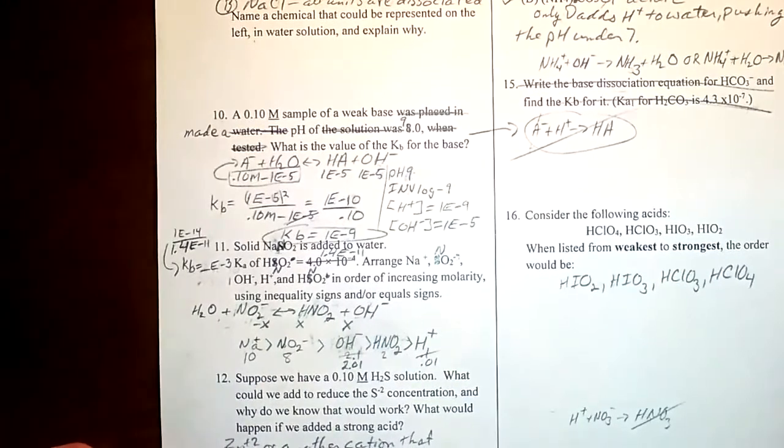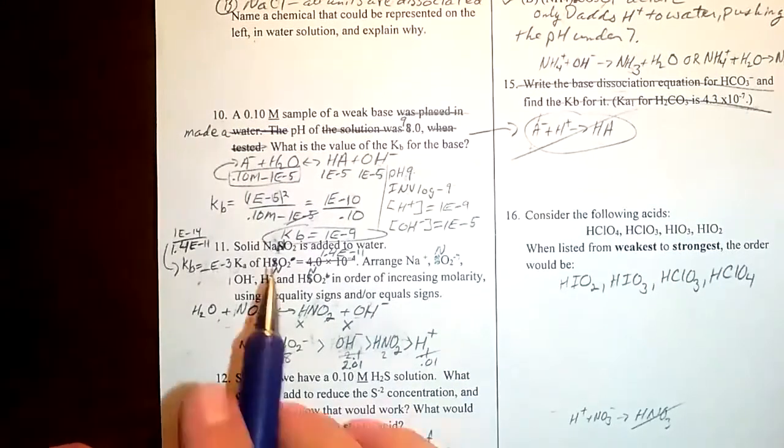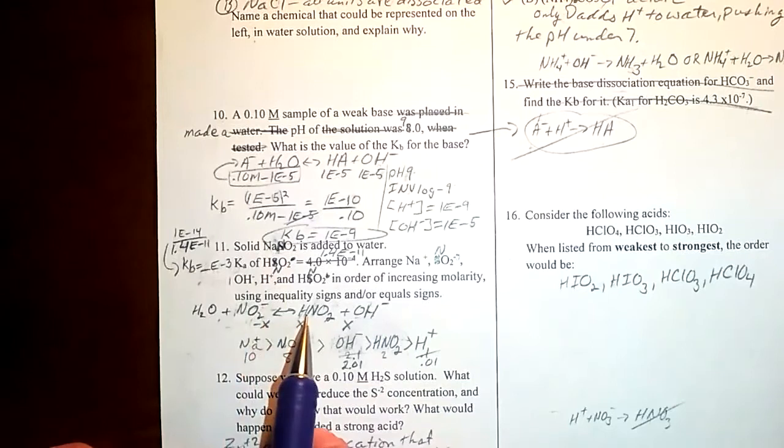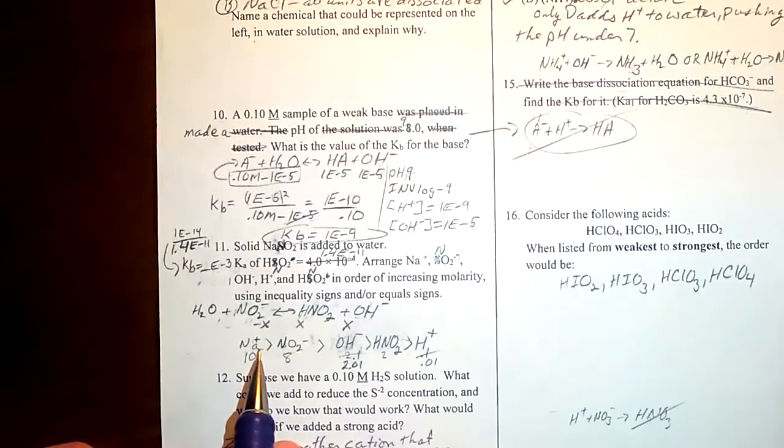I'm just going to illustrate how this would work. So you dump in 10 of these, you get 10 Na⁺ and 10 NO2⁻. However, this one goes through a bit of a transformation and it turns into this. So whereas this one stays at 10, this one transforms itself into 9 or 8 or something. I don't even really care. My point is that its molarity is now less than that.